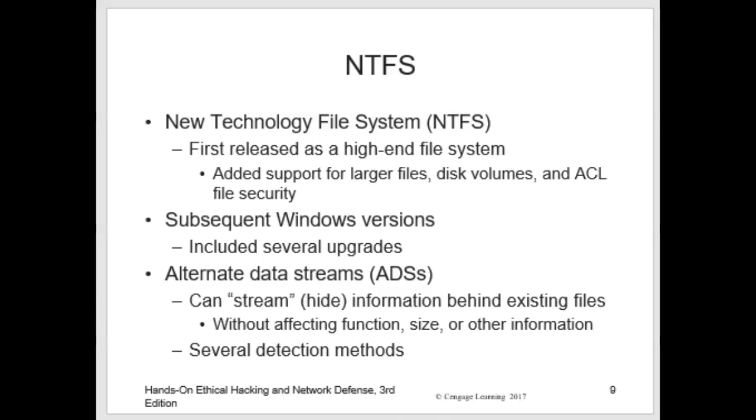Subsequent Windows versions have included upgrades for compression, for disk quotas, for journaling, for file level encryption. That's called EFS, or encrypted file system. EFS is a capability in NTFS, new technology file system, again, that has built in now ACL capability, which is an important security tool, right?